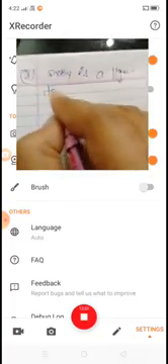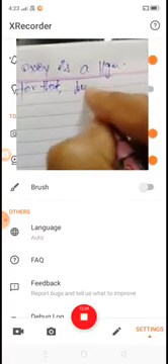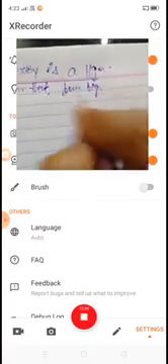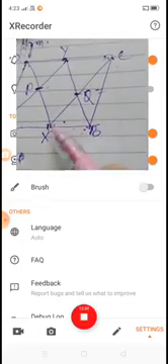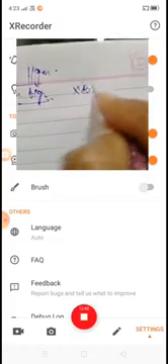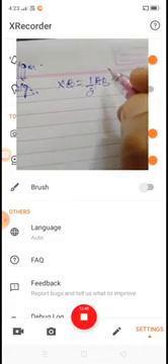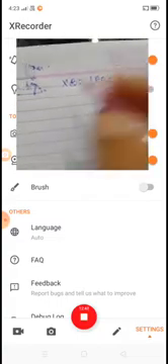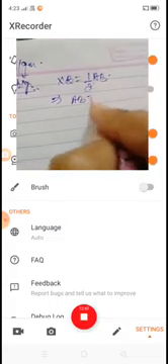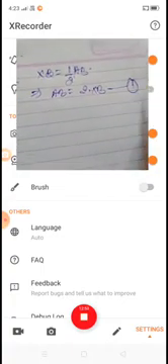for that, from the figure, XB is equal to half of AB, that is AB is equal to 2 times XB. Take this as equation 1.